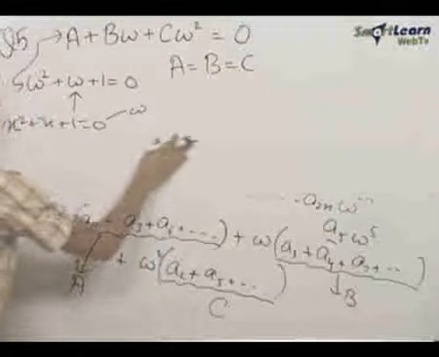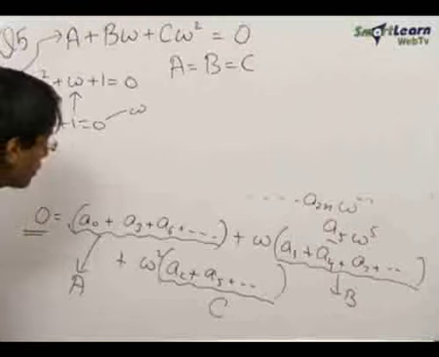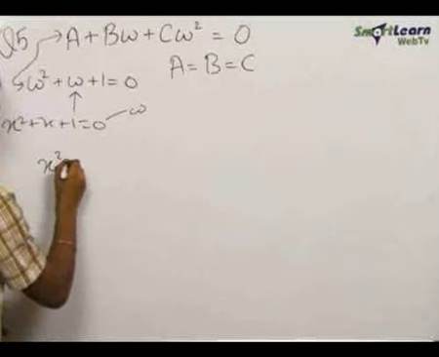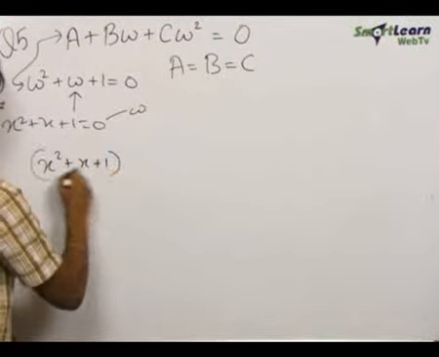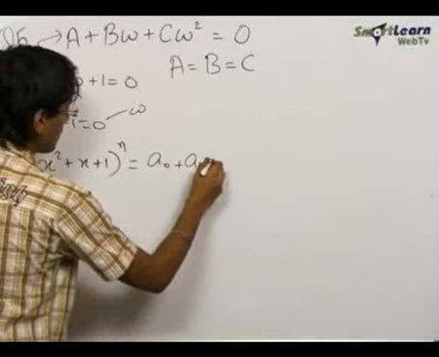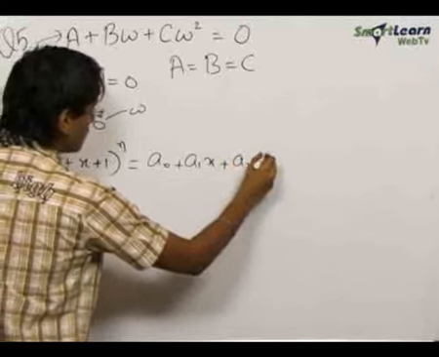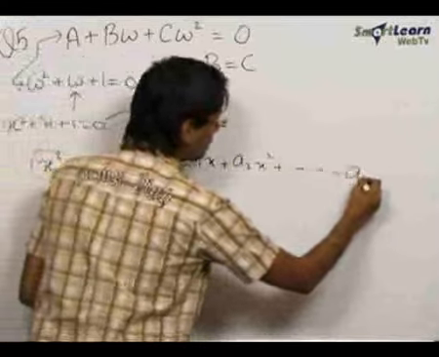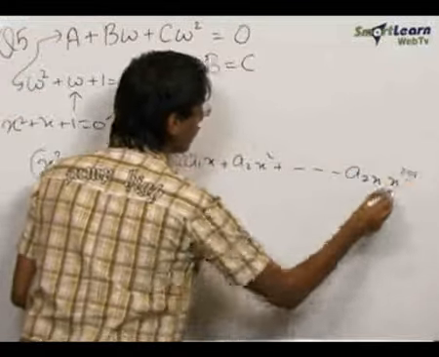Now our original expression was (x square plus x plus 1) whole power n is equal to a0 plus a1x plus a2x square up till a2n x power 2n.